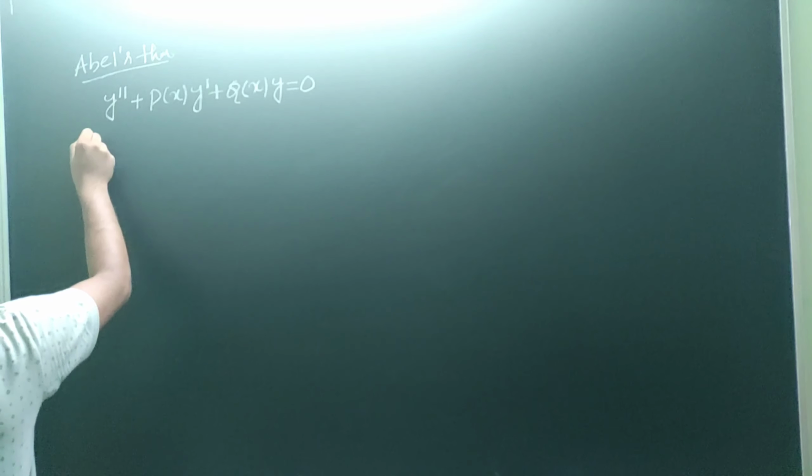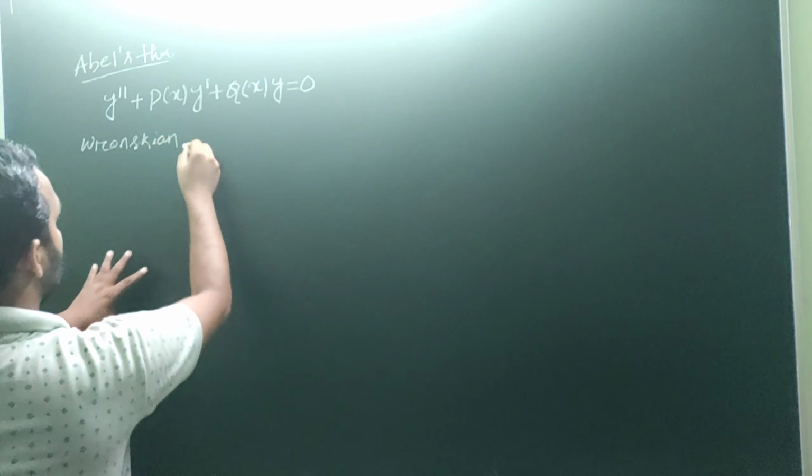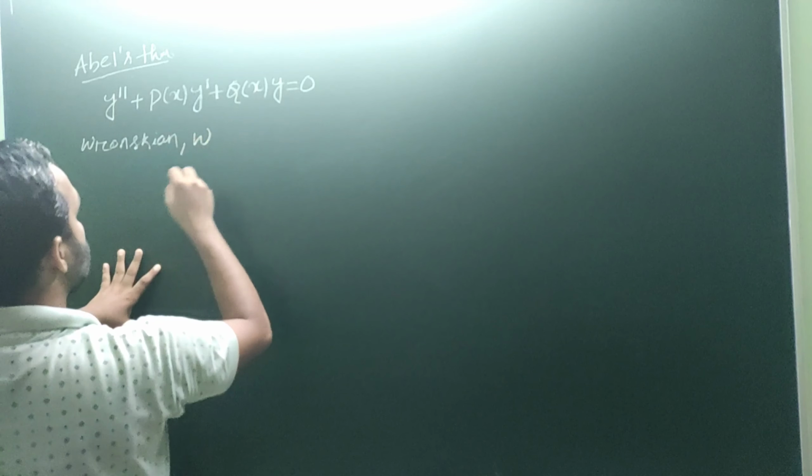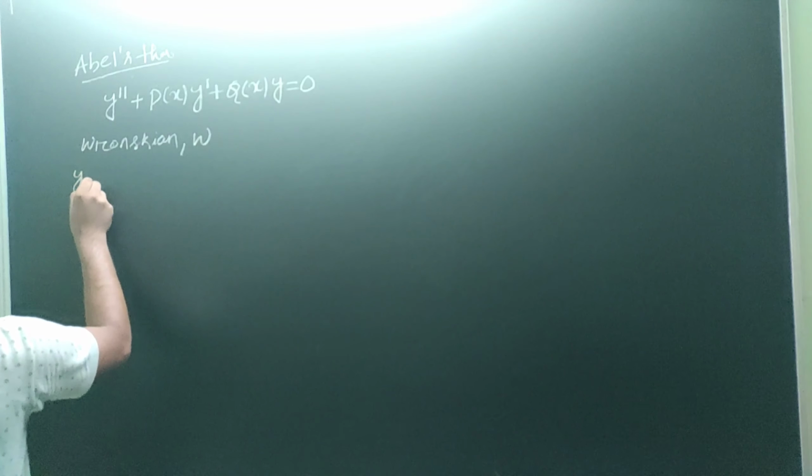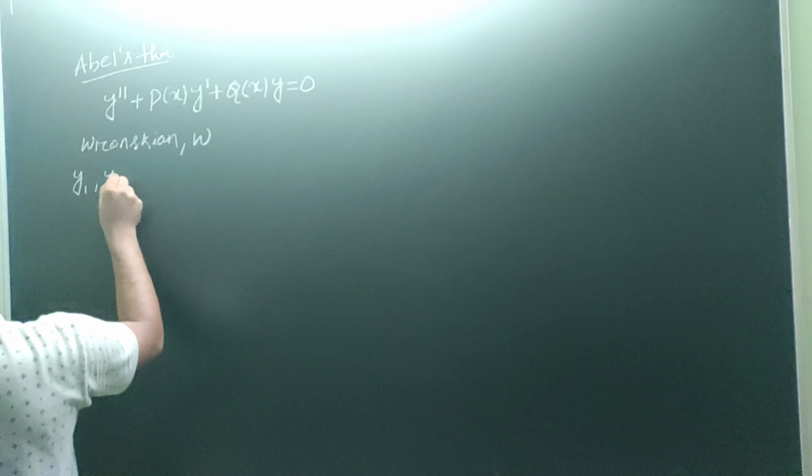That there is a term called the Wronskian, and we denote it as W, right? So this Wronskian is determined in such a way that, let's say we have two linearly independent solutions, y1 and y2.